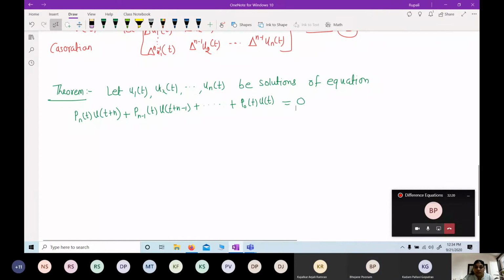That is my 3.4 dash, the homogeneous one. If I write R of t on the right side, then it will be my 3.4.